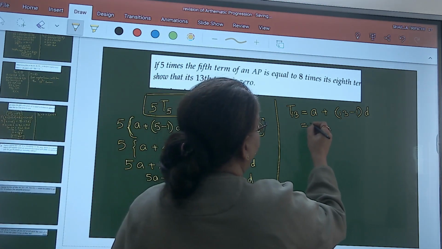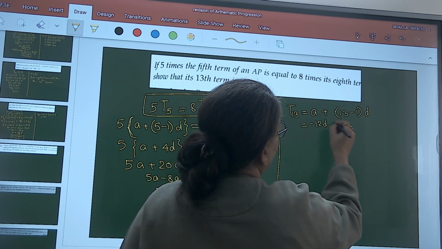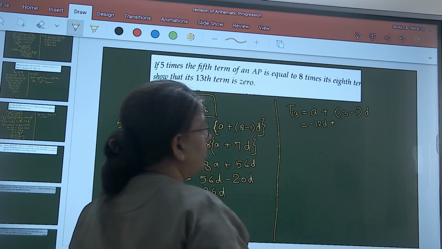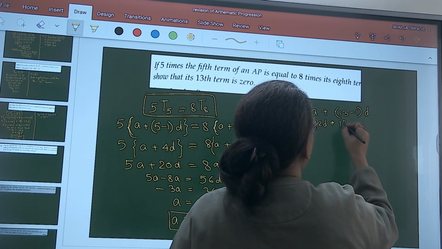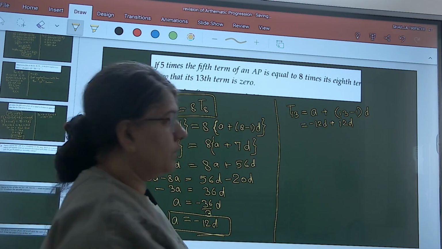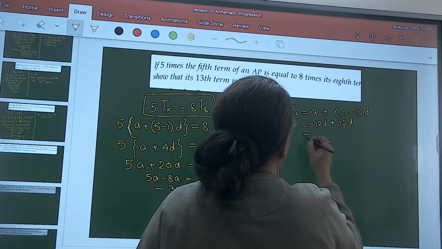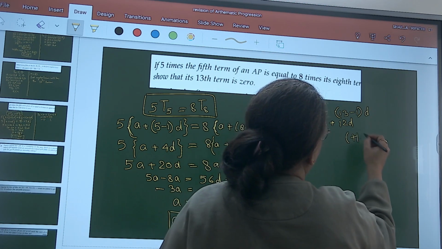So here we'll write minus 12d, and on solving this you get plus 12d. So it will cancel out and the answer will be 0. So the 13th term is 0, hence proved.